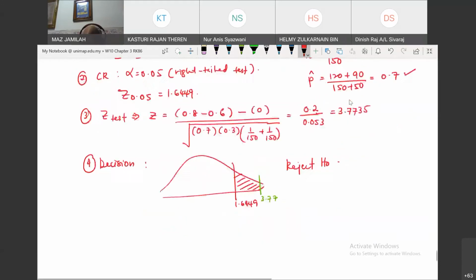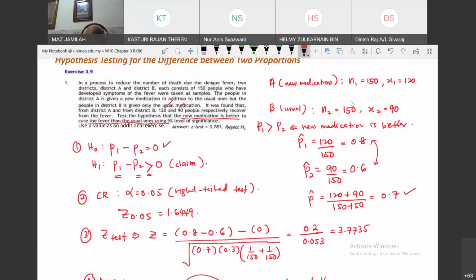Okay, when we reject the null, we have found evidence to support our claim.